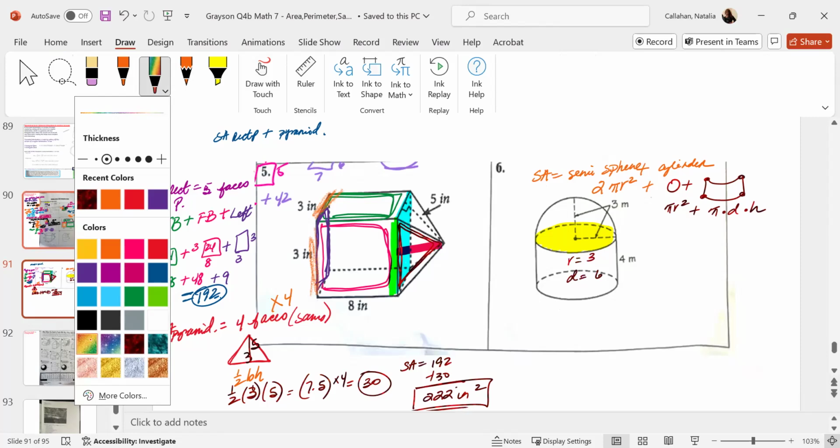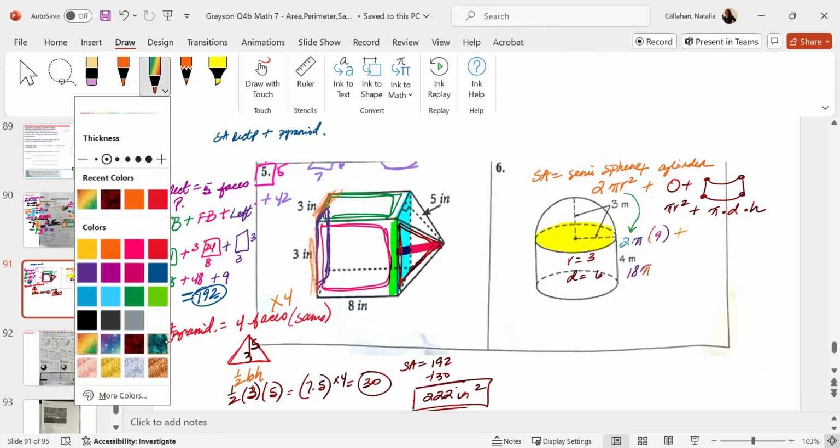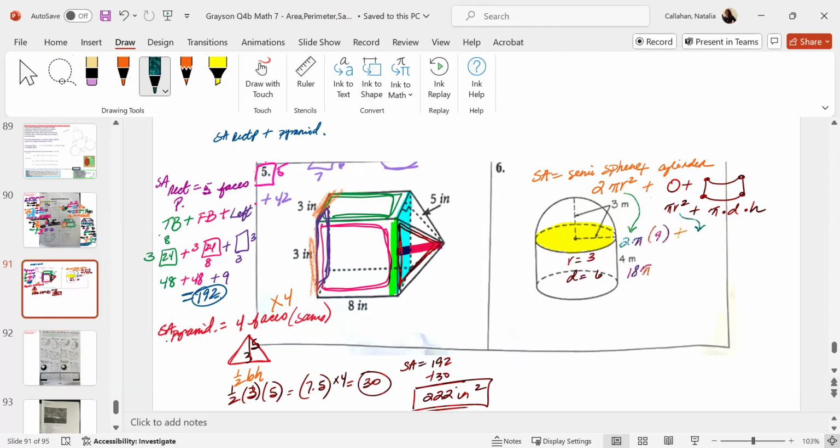So we're going to start off with the semisphere, correct? For the sphere, it's 2 pi r squared, which is 3 squared, 9. 9 times 2 is 18 pi, correct? Plus, now we're going to look for the circle.